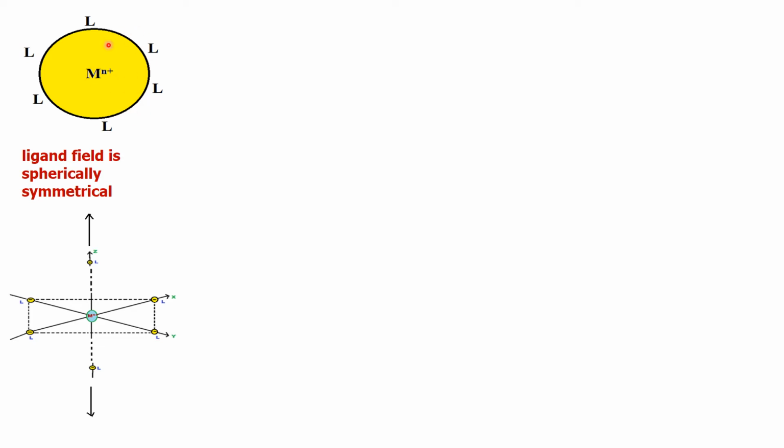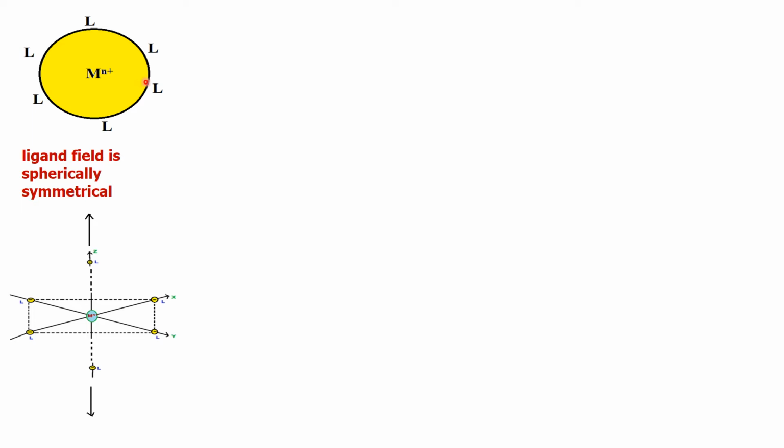That is, the ligand field, we can call it a spherically symmetrical field. The energy of each of the d orbitals will be the same, with the six ligands approaching the metal ion from an equal distance.